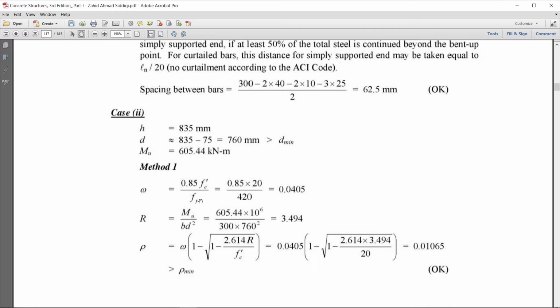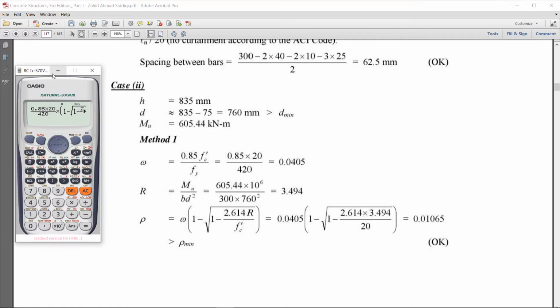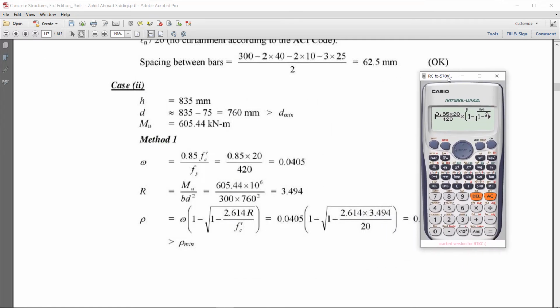Now I will use the equation for rho. I will use the exact formula: 0.85 fc prime over fy, times 1 minus the square root of 1 minus 2.614 Mu, 605.44 multiplied by 10 power 6, divided by fc prime b d square.